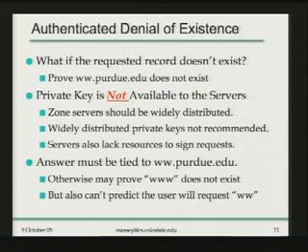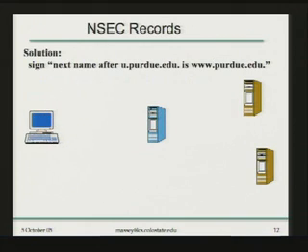Okay, so the solution actually is not immediately apparent, but will be entirely trivial once you see it. Here's the idea. I know what's in the zone. Instead of trying to authenticate what doesn't exist, let me order the zone in a nice canonical order, essentially alphabetical order, plus a little bit to handle DNS issues.